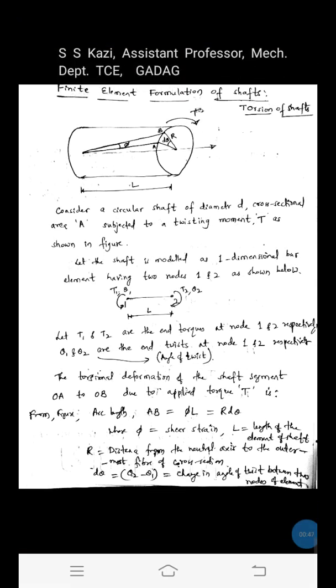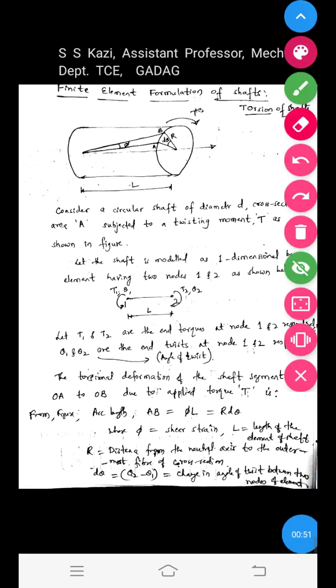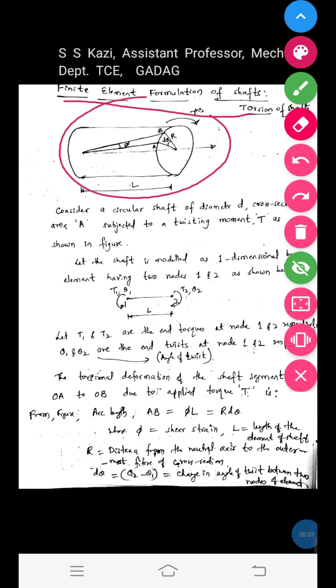Now, how to do the finite element formulation of shafts in torsion? I have considered a shaft of diameter d and let T be the applied torque at the end. Let this end be fixed so that it will undergo twisting.